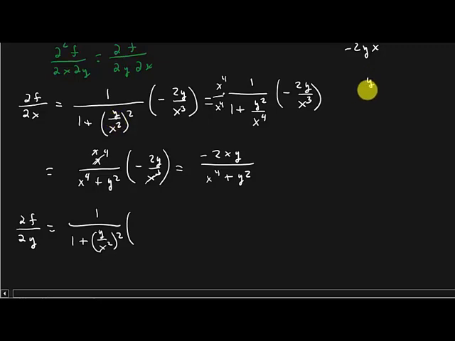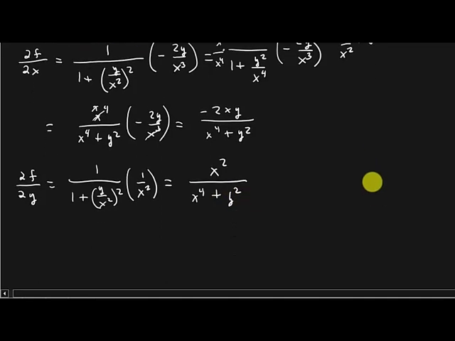Well, remember, y over x squared is the same thing as y times 1 over x squared. The 1 over x squared is a constant, so the derivative of that would just be 1 over x squared. And I'm not going to go through all the simplification there, but when you simplify it, you would get x squared over x to the 4th plus y squared.